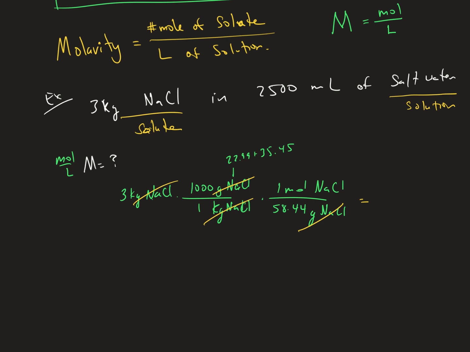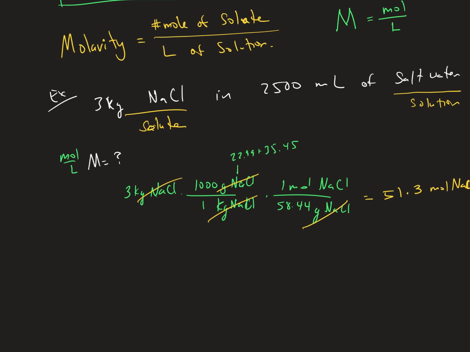And we can find an answer here. 3 times 1,000, 3,000 divide 58.44. Somebody tell me what that is. 51.3? Okay. Moles. Did anybody else get that? Okay.